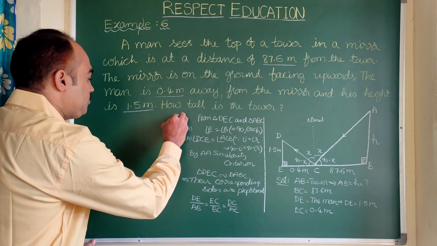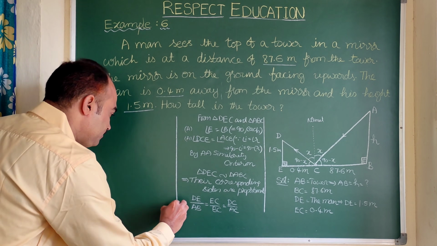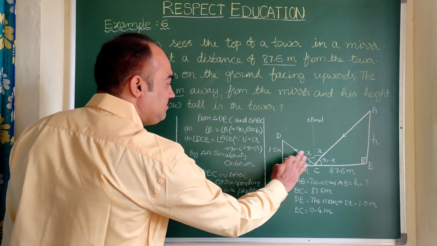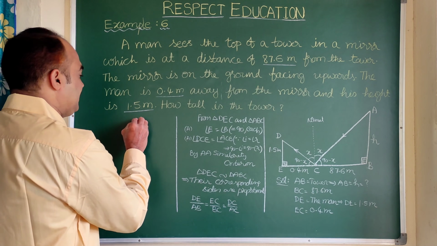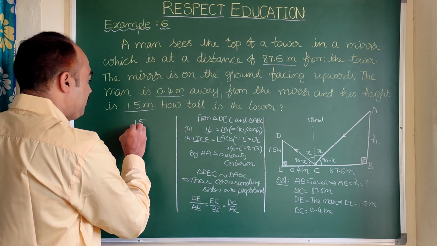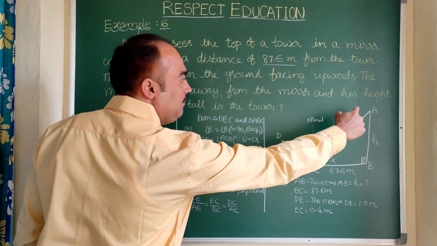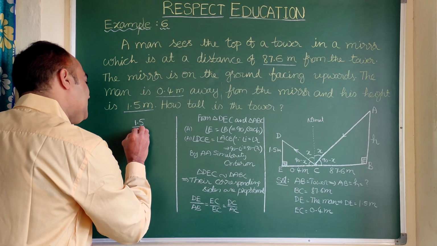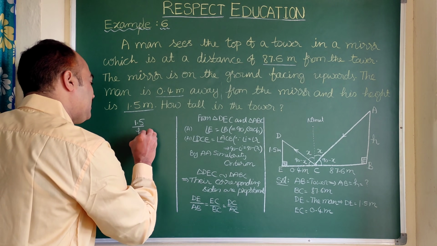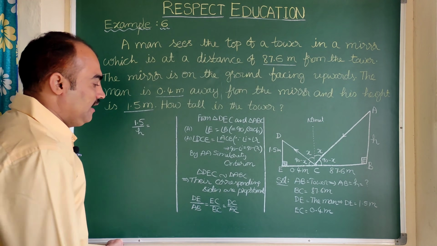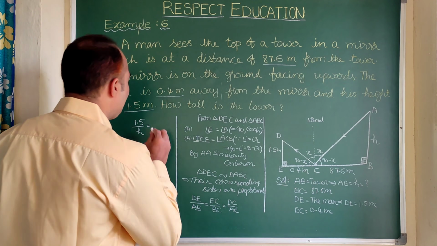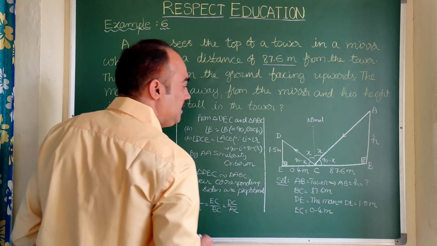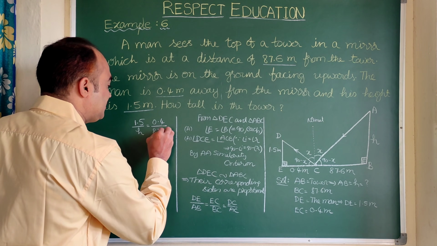Now let us substitute those values. DE is given as 1.5 meter. Let us keep the units aside. Let us write this as 1.5 by AB. AB is H, that is what we have to find. Whether you write H or AB, it's not a problem. EC is 0.4 by BC, and BC is 87.6.